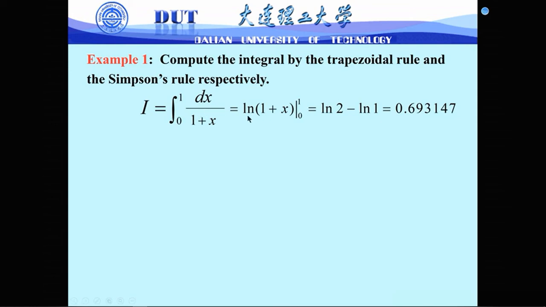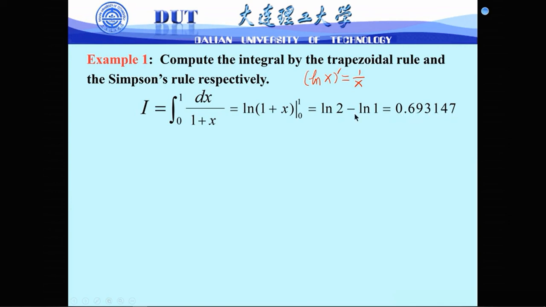The primitive function should be ln(1 plus x). It's okay? Because the derivative of ln x is 1 over x, right? So here, 1 plus x is the denominator and the derivative of x is 1. Now, by the Newton-Leibniz formula, when x equals 1, it is ln 2, minus when x equals 0, ln 1.